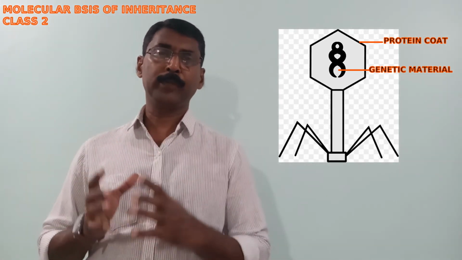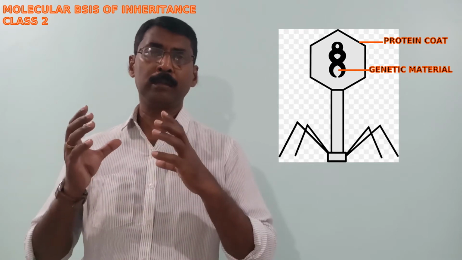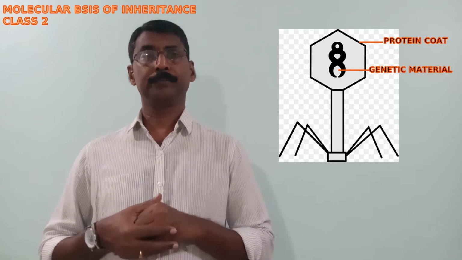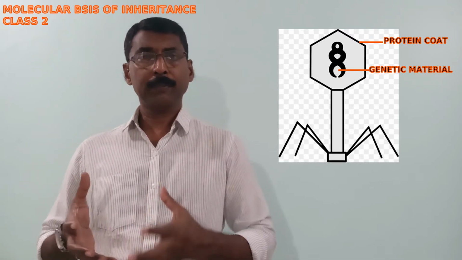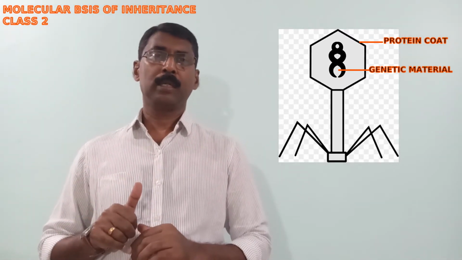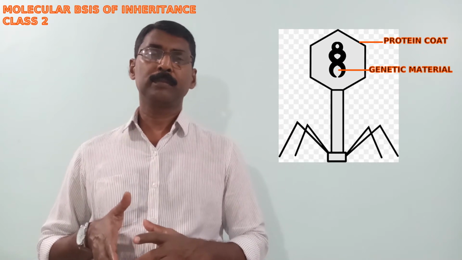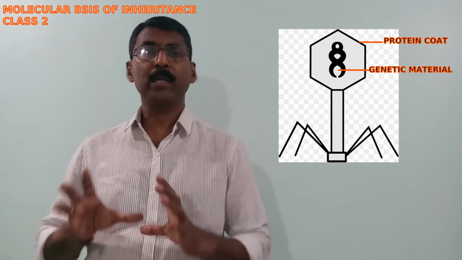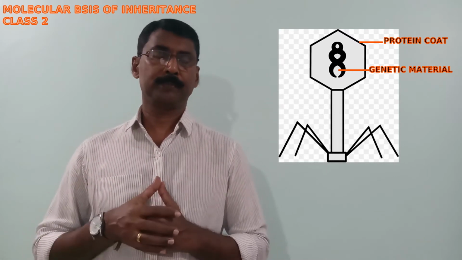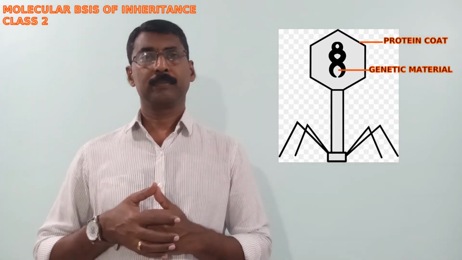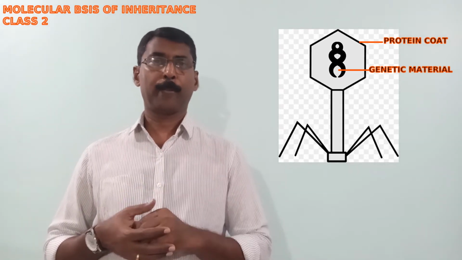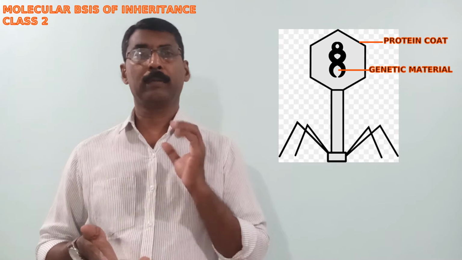And those bacteriophages grown in the culture medium A, where radioactive sulfur was available, took up the radioactive sulfur to construct their protein coat. So, radioactive sulfur became a part of their protein coat, because sulfur is a component of protein.